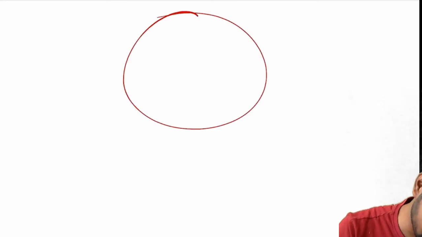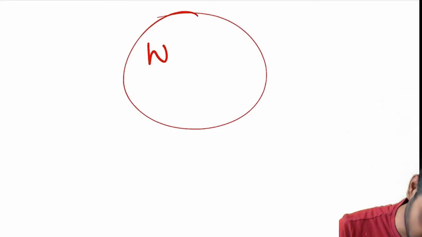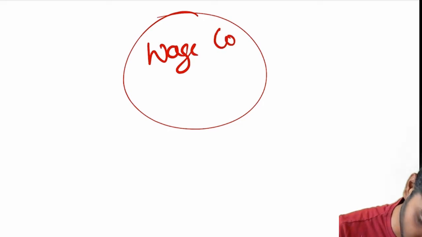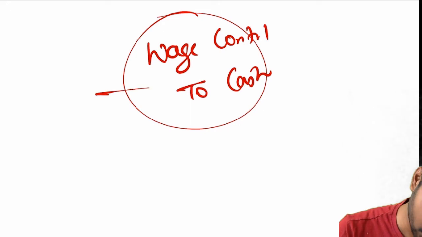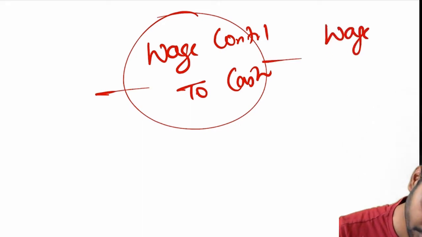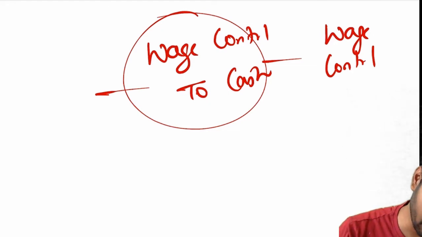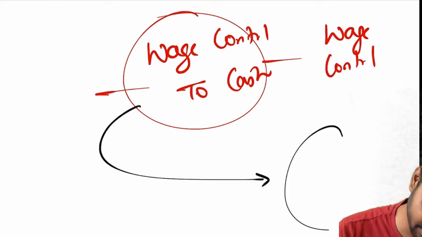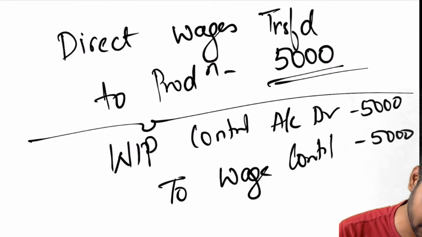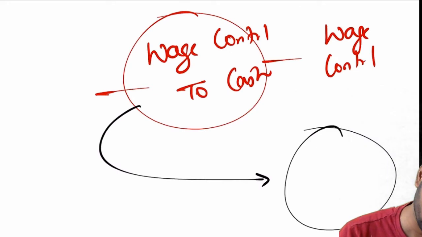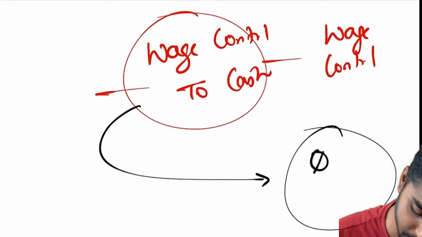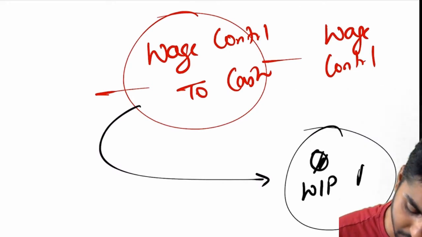So listen to it. When I pay direct wages, we said the journal entry will be what? Wage control to cash. So receiving department is what? Wage control. From this, the department which is going to be receiving, when I said direct wages charged to production, what is my production account? It is my WIP account.